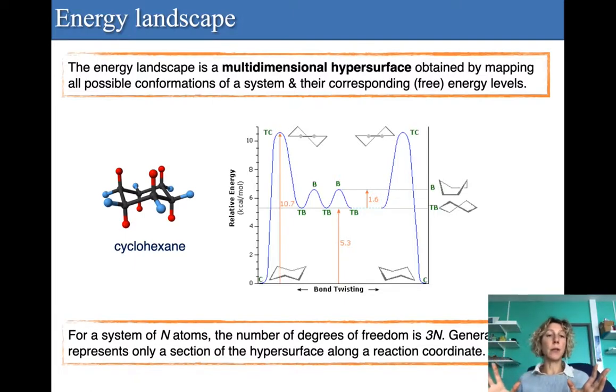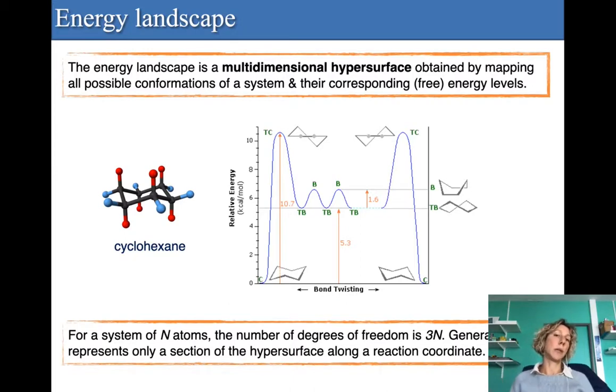But for a system of n atoms, n being big, the number of degrees of freedom being 3n, so even bigger, generally we do not have access to this energy landscape. So what we do is we represent only a section of the hypersurface along some reaction coordinates.